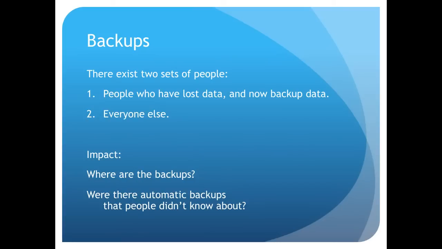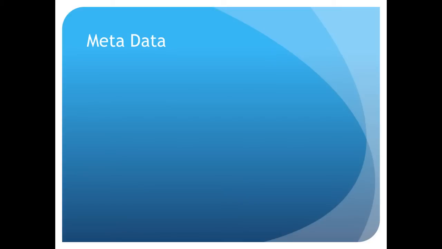There was data about emails that was out in the cloud, and the people didn't realize that stuff was out there. So not only can you go looking for backups, but you can try and see if there are places where things were automatically backed up out into the internet someplace that maybe the people didn't even know about. It's out of their control. Can you get a hold of it?